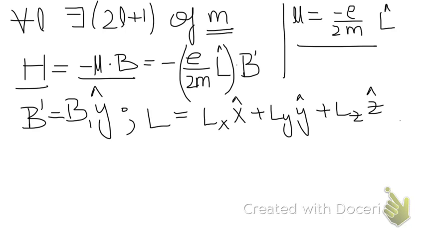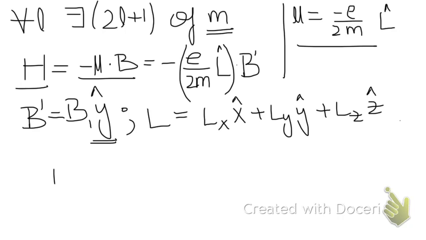Okay, so now note that if I do this L dot B, the only component that survives is, because B only has a y component, the y component only shall survive when I do B dot L or L dot B. Because you can see that y hat dot x hat will be 0, y hat dot z hat will be 0, but y hat dot y hat will survive.